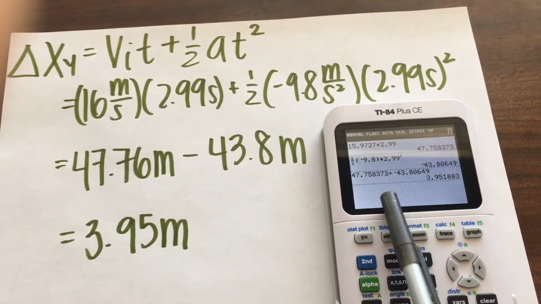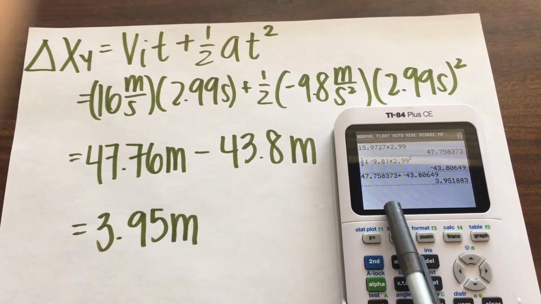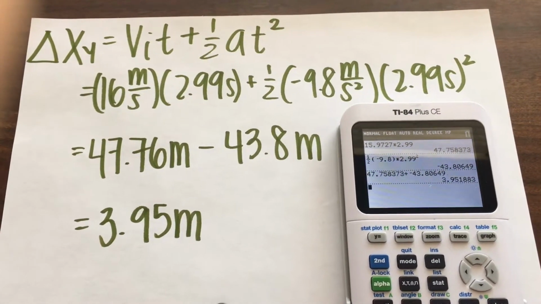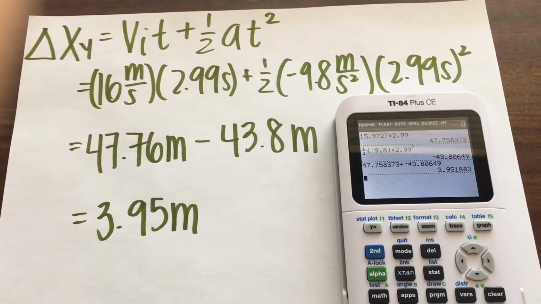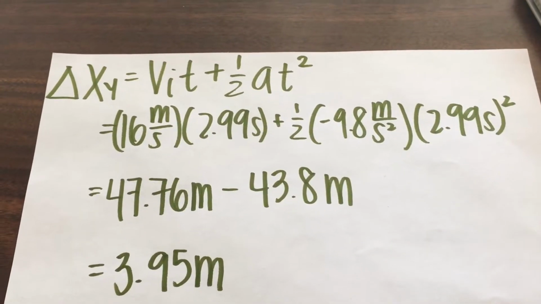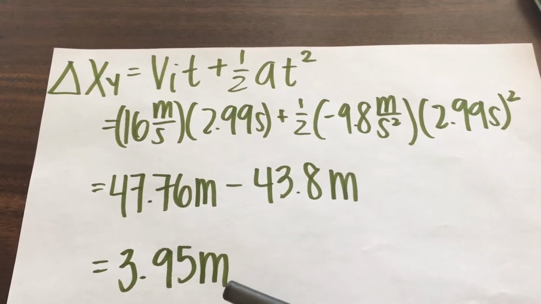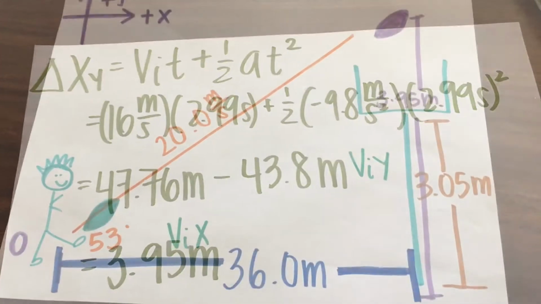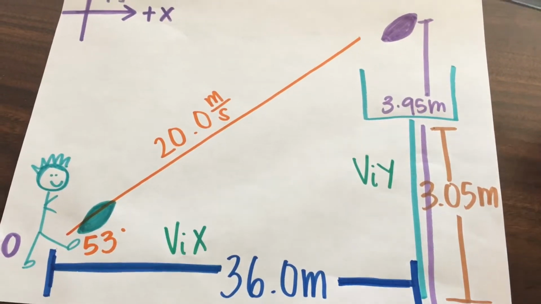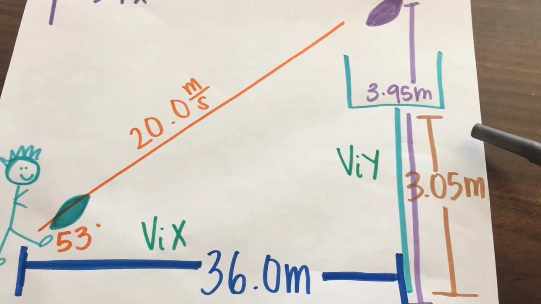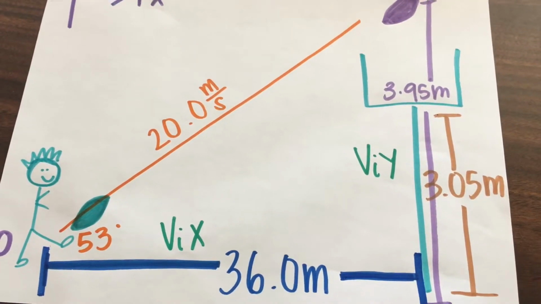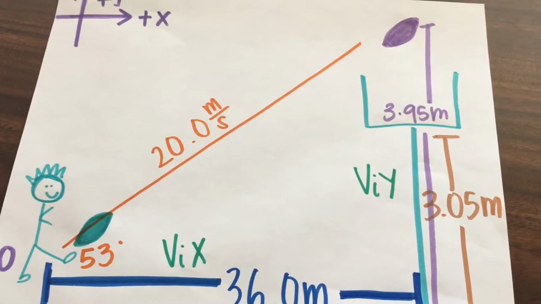I actually used more precise numbers for this calculation just to avoid some serious rounding errors that could really affect our final answer. So now we know that the football travels 3.95 meters from the ground. Because we know that our football traveled 3.95 meters above the ground and the bar is only 3.05 meters, we know that the ball did indeed clear the bar.